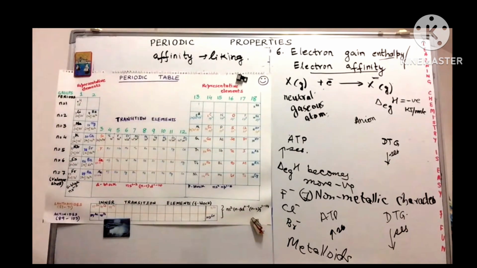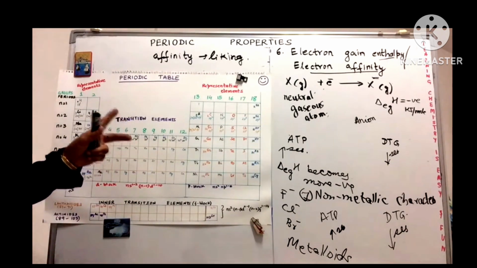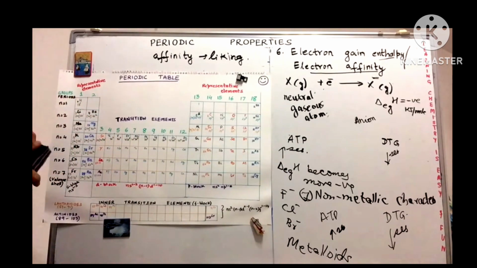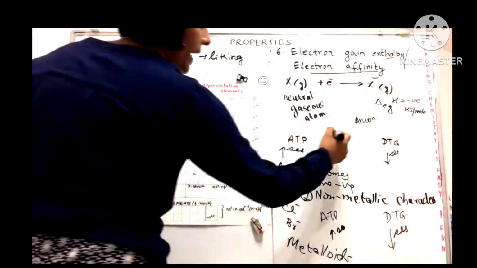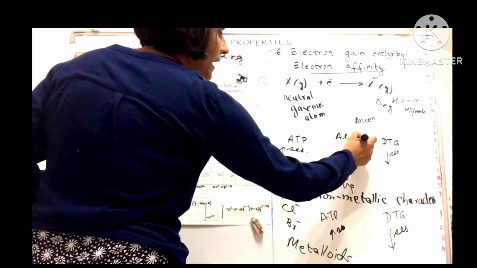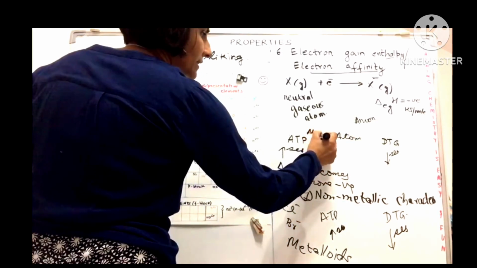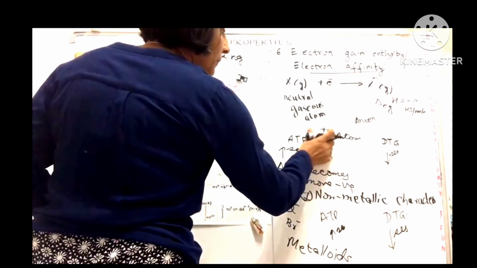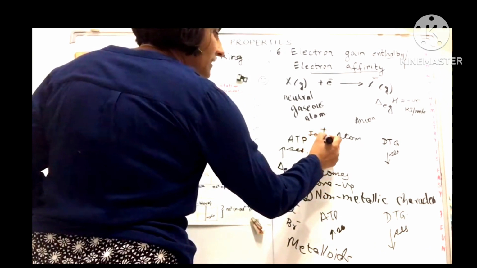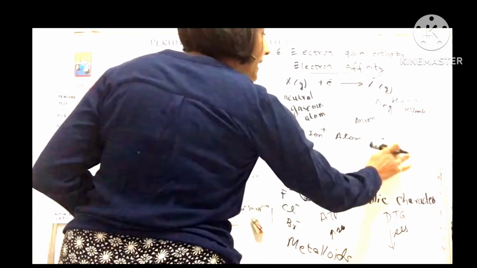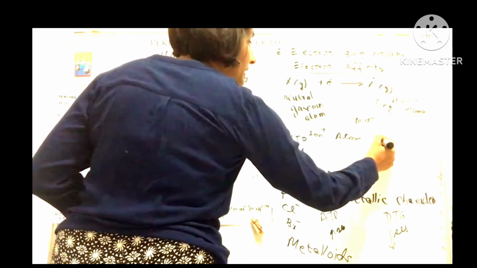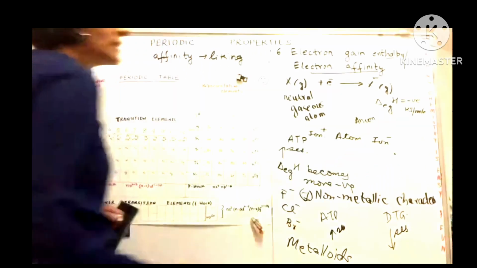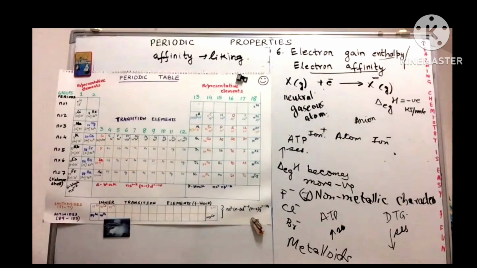Now, before we go on to electronegativity, I have talked about an atom. An atom with a cut is a cation, or more appropriately, a positively charged ion, and an atom with an extra negative charge is an anion.